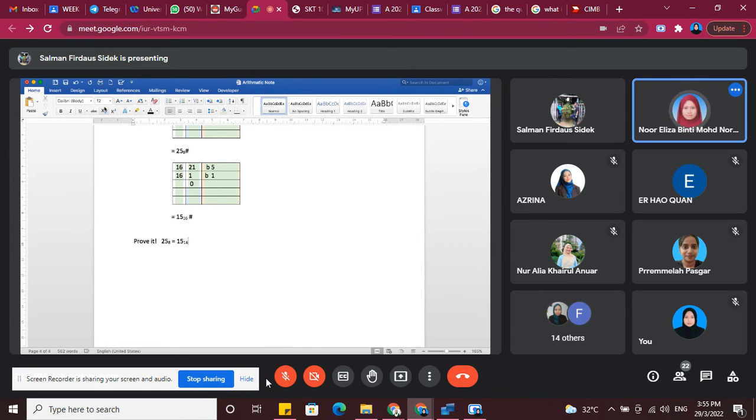Tukar kedua-dua kepada binary. Pandai. Ini paling mudah sekali. Okay, 25 tukar kepada binary.